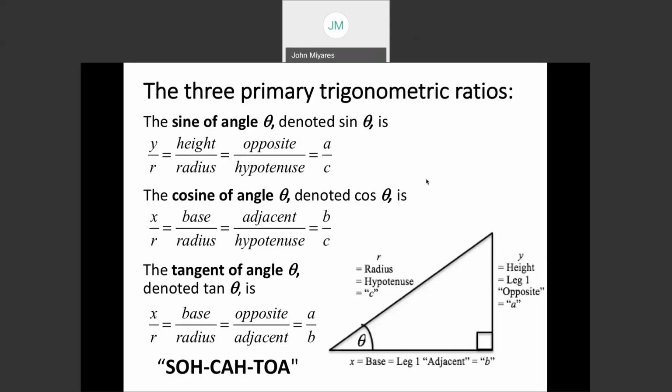Now, some people can look at this and say, SOHCAHTOA, what is that? Is that Sacagawea's cousin? No. SOHCAHTOA are the letters of the words that help define the ratio of the sides in the three trig ratios. Sine is opposite over hypotenuse, cosine is adjacent over hypotenuse, and tangent is opposite over adjacent.